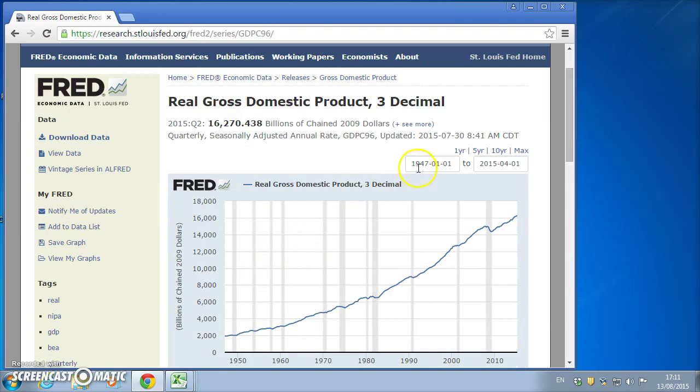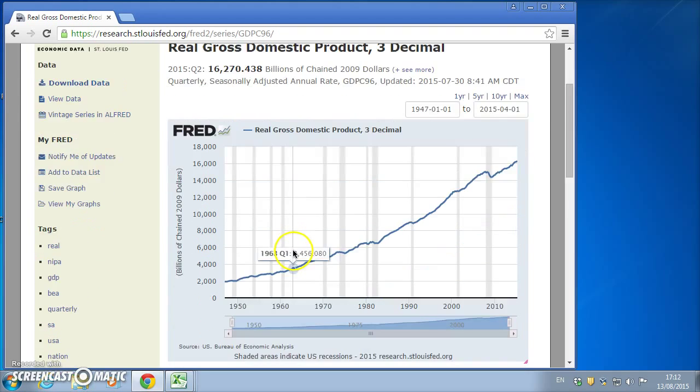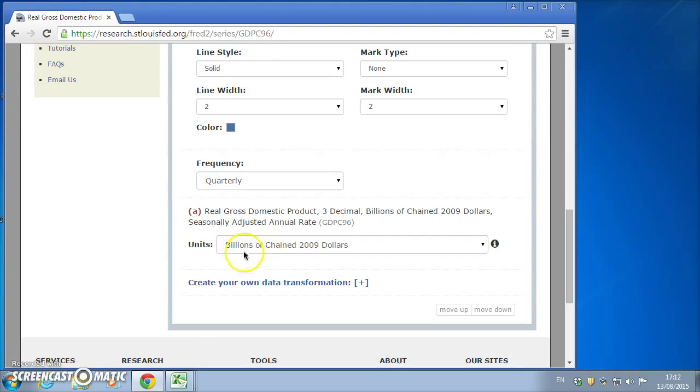It dates back to 1947, and runs all the way to 2015. So if we take a look at the data here, description: real gross domestic product, 3 decimals, billions of chained 2009 dollars, seasonally adjusted annual rate. So we have a real gross domestic product series.